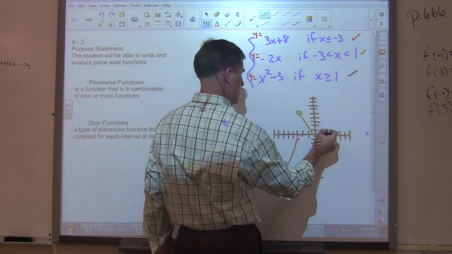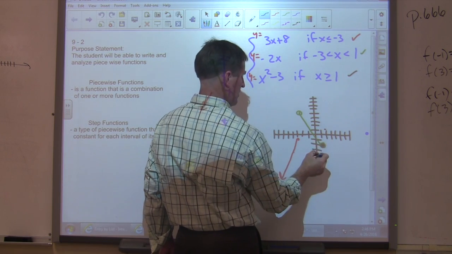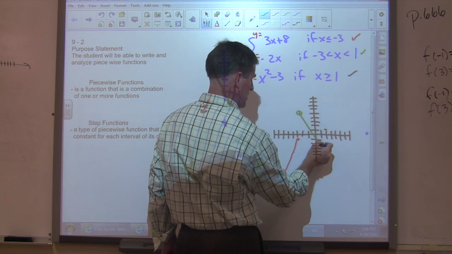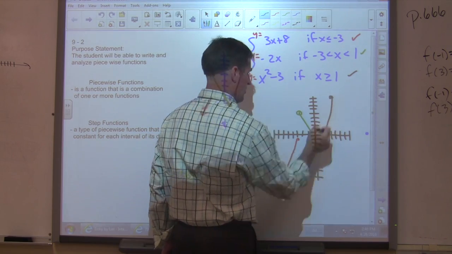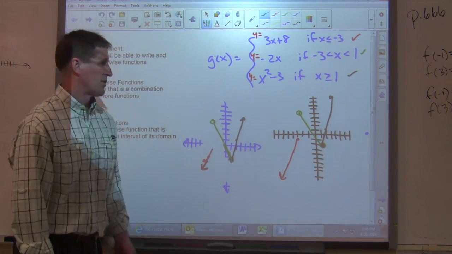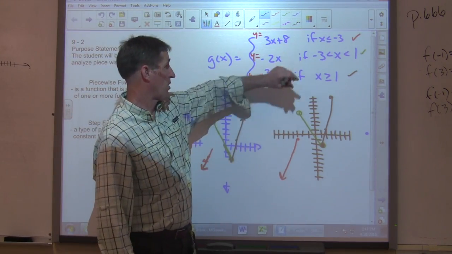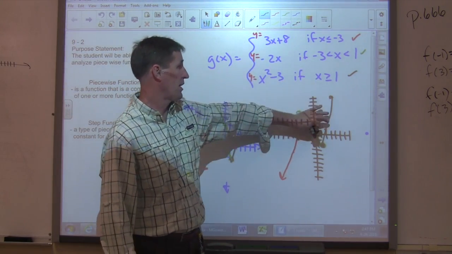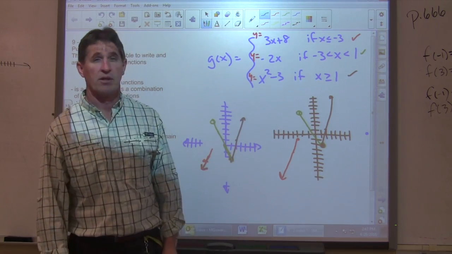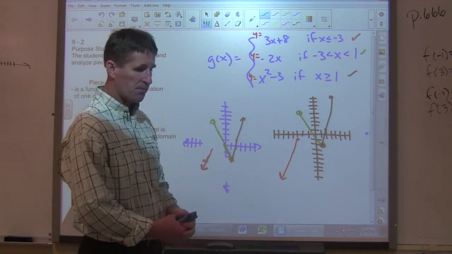That would be at 2, it would be at 1. And so I know that's going to be a curved line, so I would curve it. And so now I've got my graph. The red is for the first part, the green for the second part, and the black for the third part. So you just break it down into its parts.